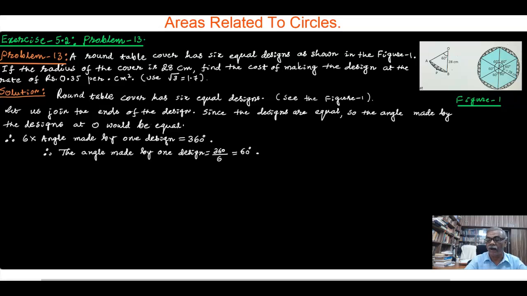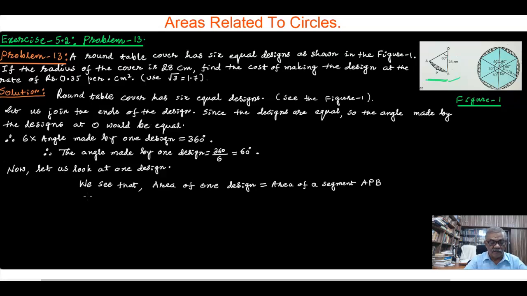So now we have the angle subtended by one design at the center, and also the radius of the circle is 28 centimeter. Now let us look at one design. We see that the area of one design is equal to the area of a segment APB here.